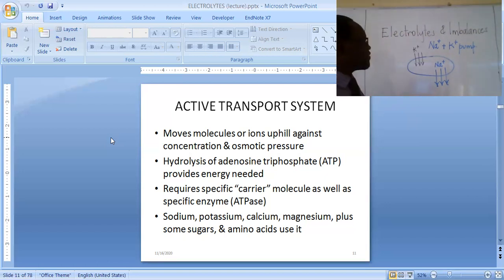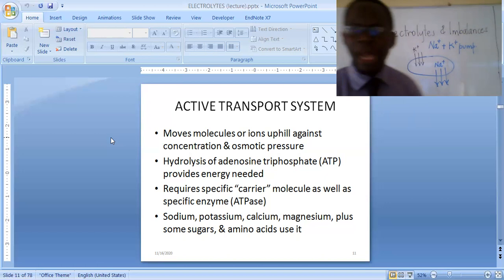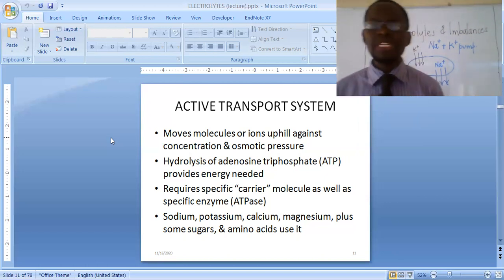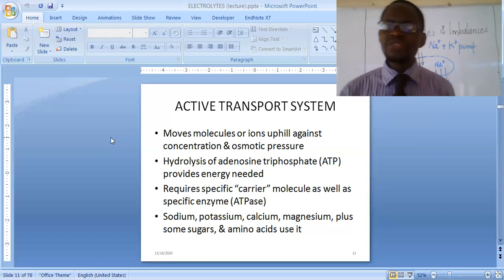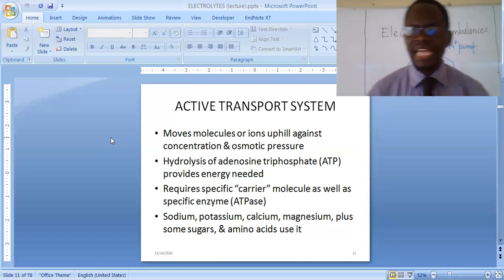So that pump utilizes energy to maintain the sodium outside of the cell while the potassium is within the cell. Naturally, that is how it is supposed to happen. If there is a problem with the pump, then the reverse will happen, and we shall have things like cellular swelling, which is an abnormal thing.